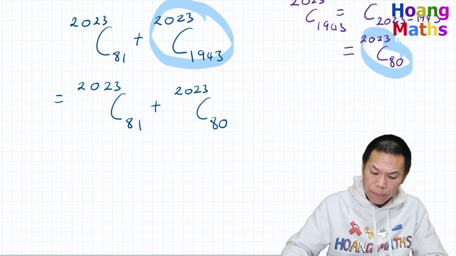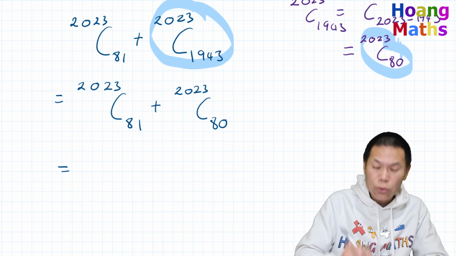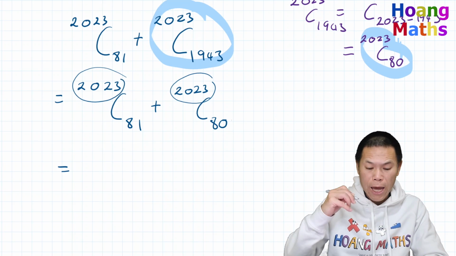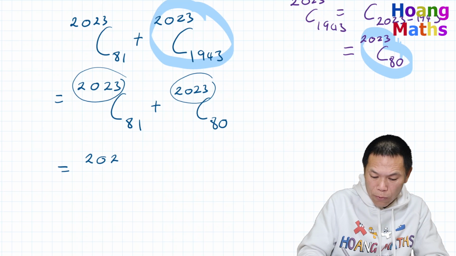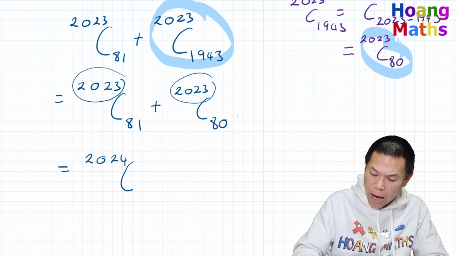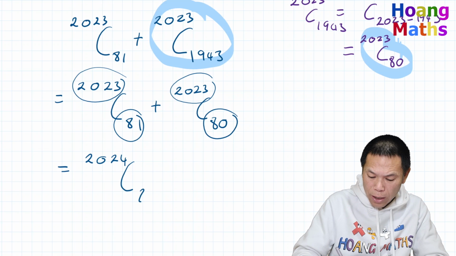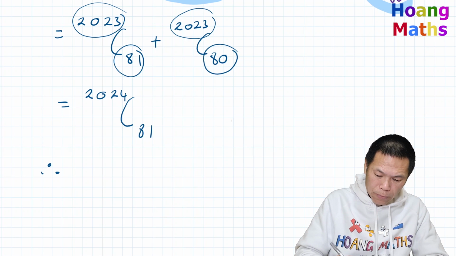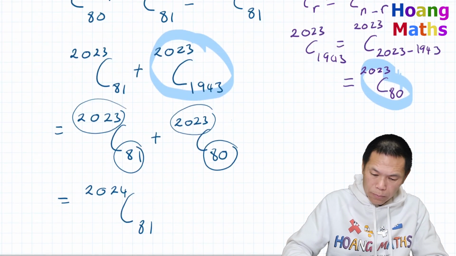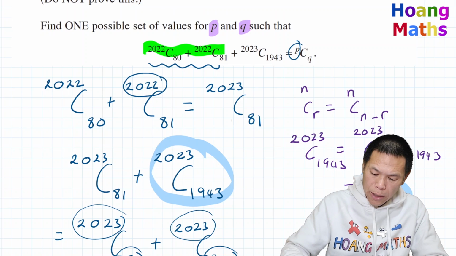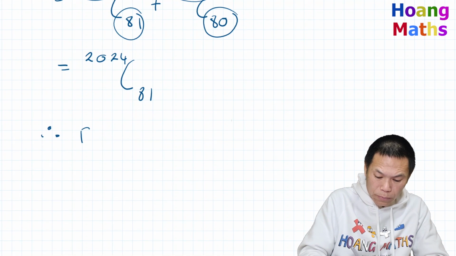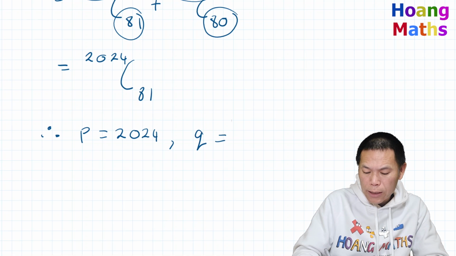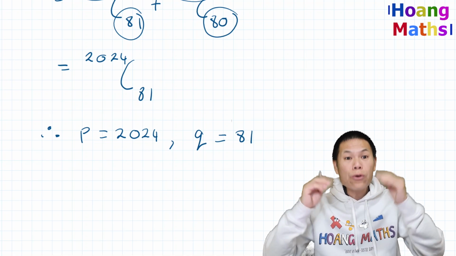Okay, so n, that means we add 1 to 2023 because this is n minus 1. So now we find n. n is 2024. And Cr, and this is r minus 1. This is r. Keep that in mind. So 81. So therefore, p is 2024 and q is 81. So there you go.